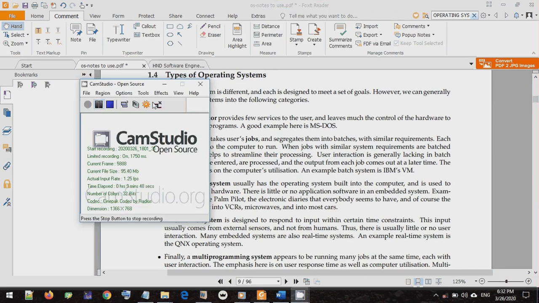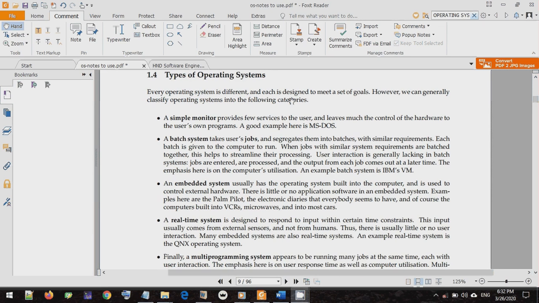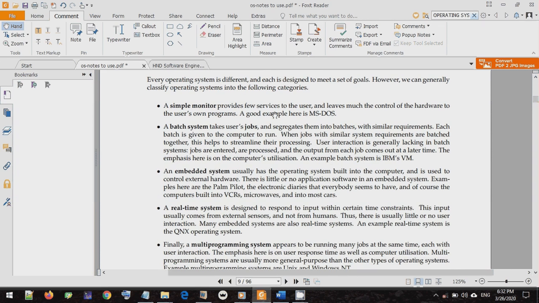The operating system, on the other hand, performs functions like copy, delete, making new directories, and things like that. So now let us move on to the next, which is types of operating systems.